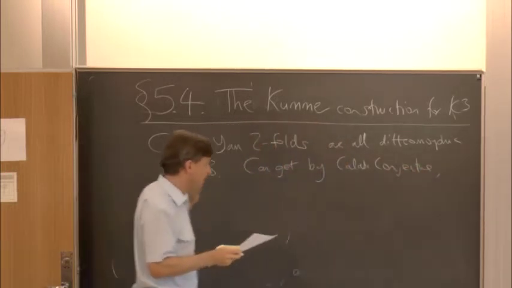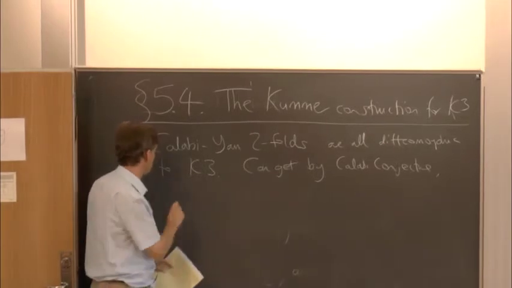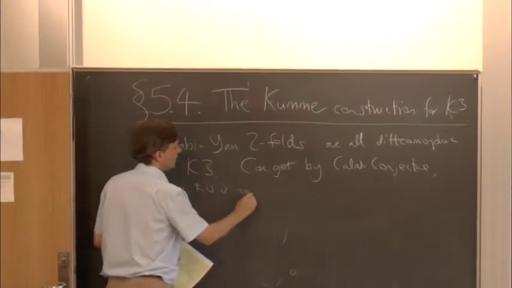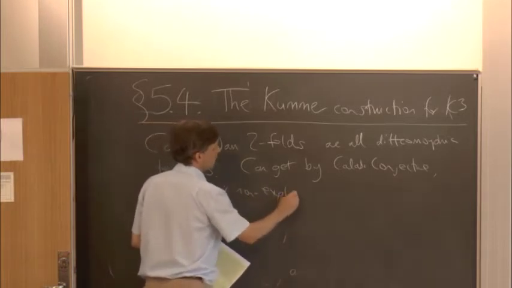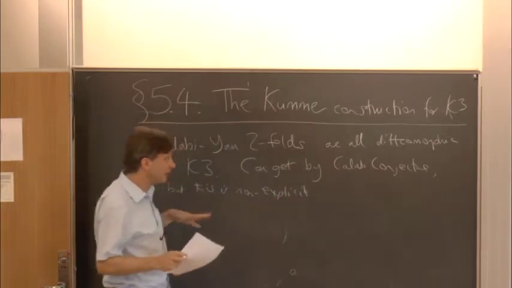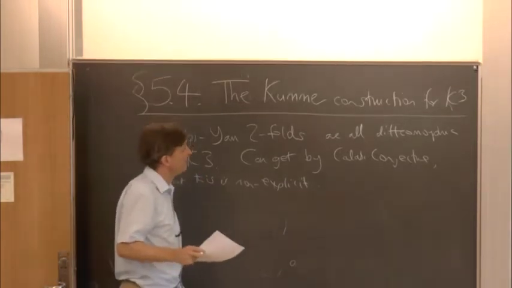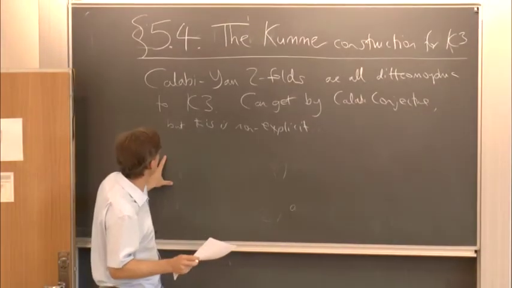But the Calabi conjecture is entirely non-explicit. It just tells you that some metric exists. It doesn't tell you anything about what that metric looks like. It gives you no handle on it.